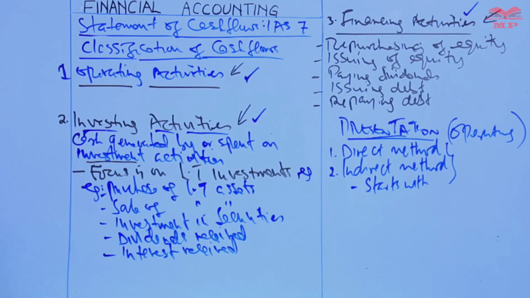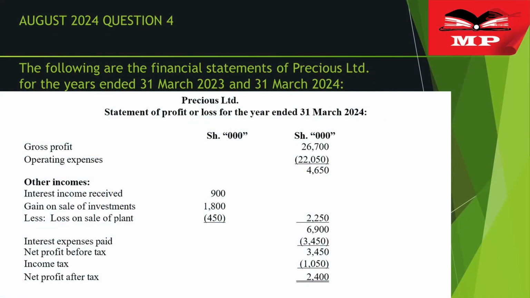Let's turn to August 2024, question number 4. The following are the financial statements of Precious Limited for the years ended 31st March 2023 and 31st March 2024.